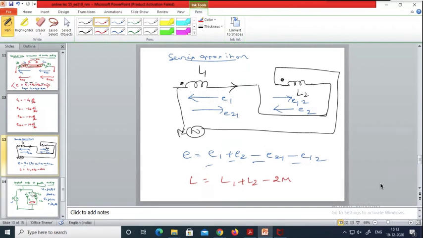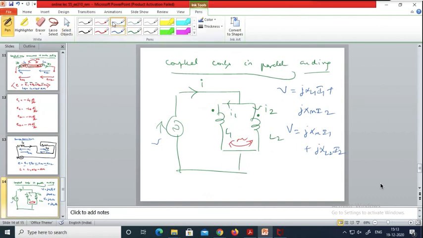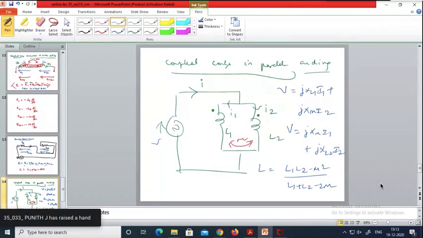Here in parallel aiding, we have to find the equivalent impedance because the inductances are connected in parallel. So I'll write the equation here directly: L1 L2 minus M square by L1 plus L2 minus 2M. You might have studied this in your basic electrical.